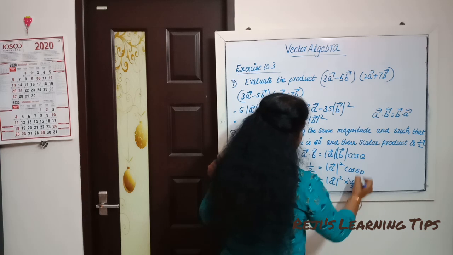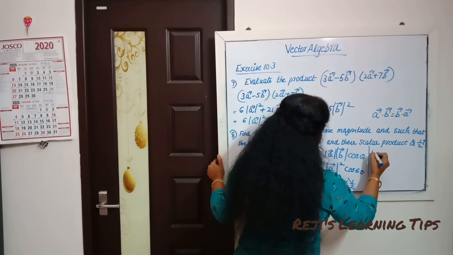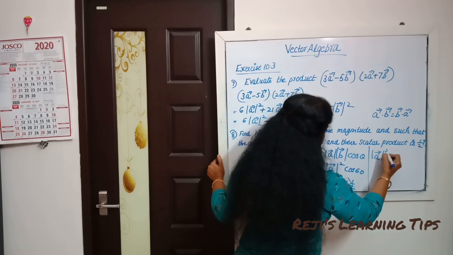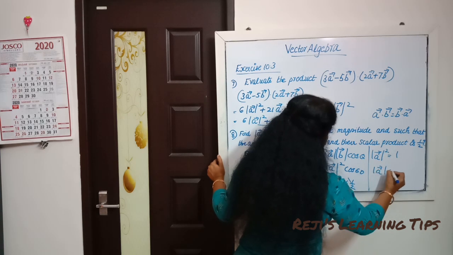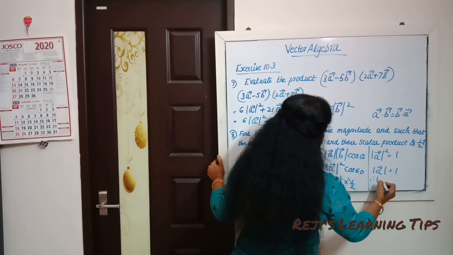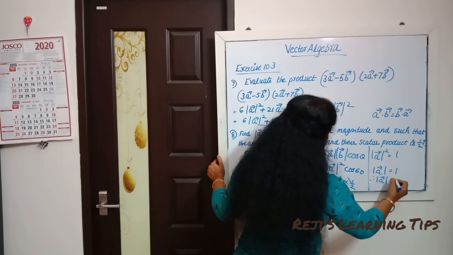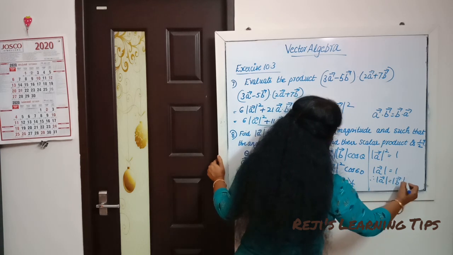The 1 by 2 cancel, then modulus of vector A square is equal to 1. Therefore modulus of vector A is equal to 1, and therefore modulus of vector B also is equal to 1.